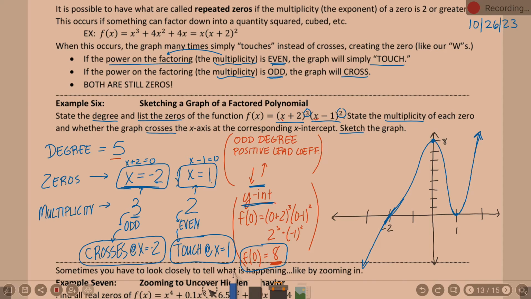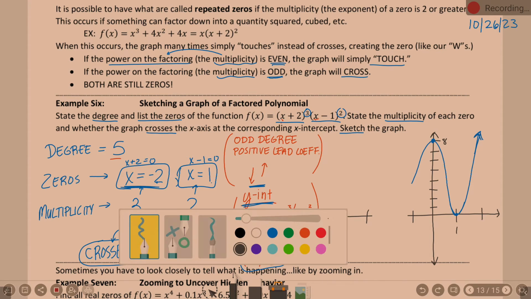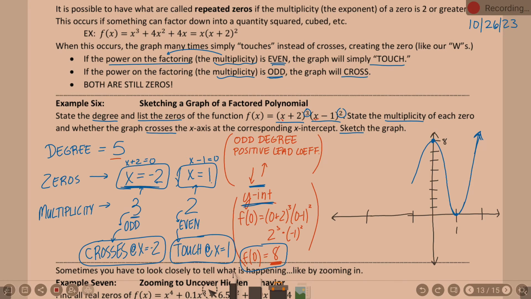I kind of forgot about that as I was going through, but the idea here is that the graph jogs there and flattens out a little bit, and that is because of the higher multiplicity. If you have a higher multiplicity than that, it's going to change even more.